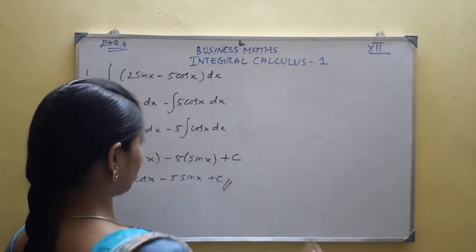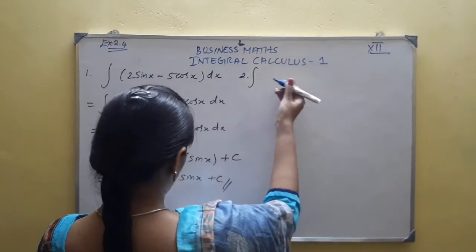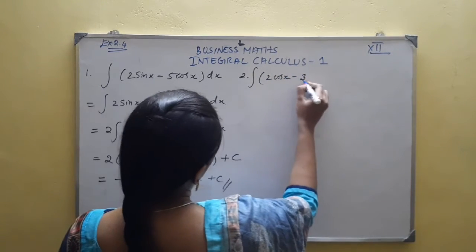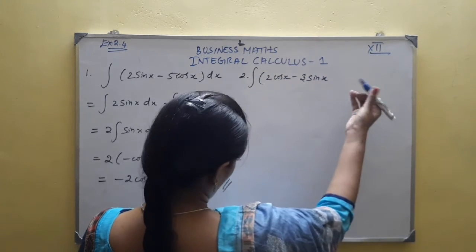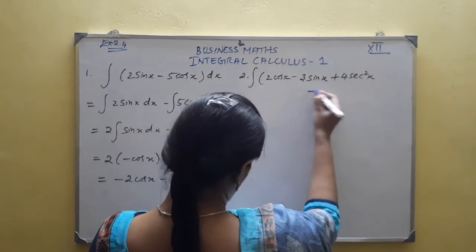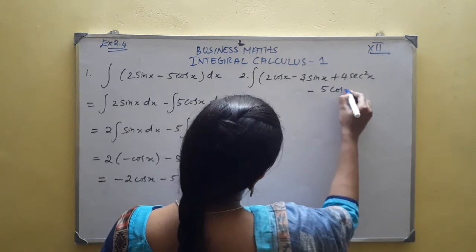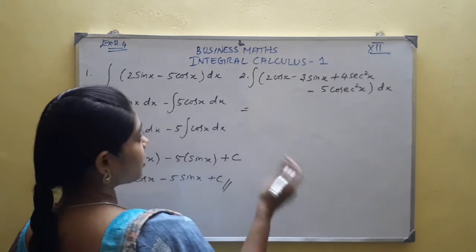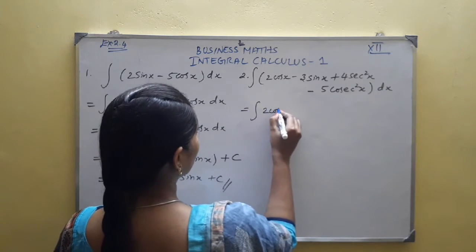Second one: integral 2 cos x minus 3 sin x plus 4 secant square x minus 5 cosecant square x dx. Now take this integral separately for each term.